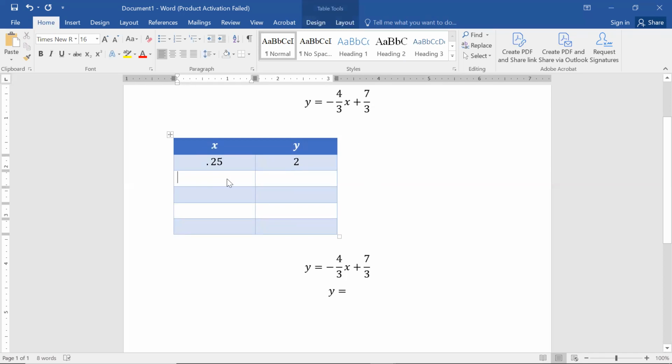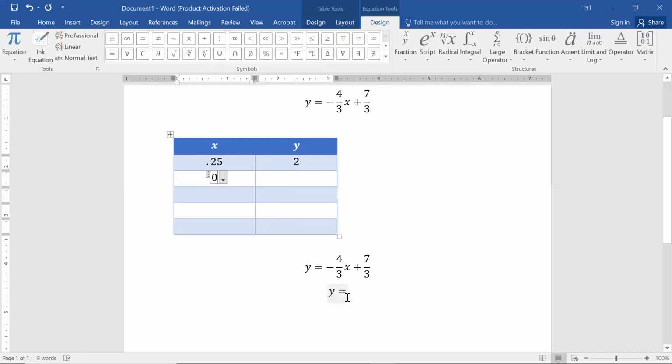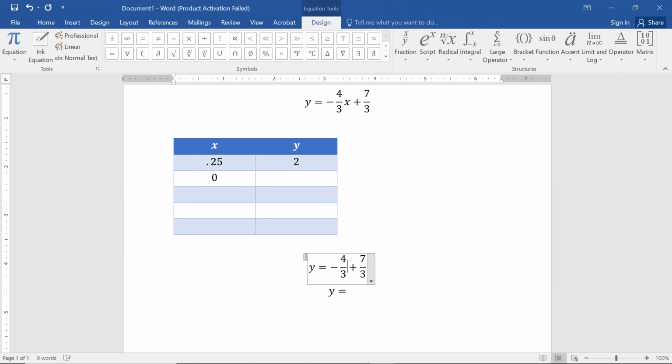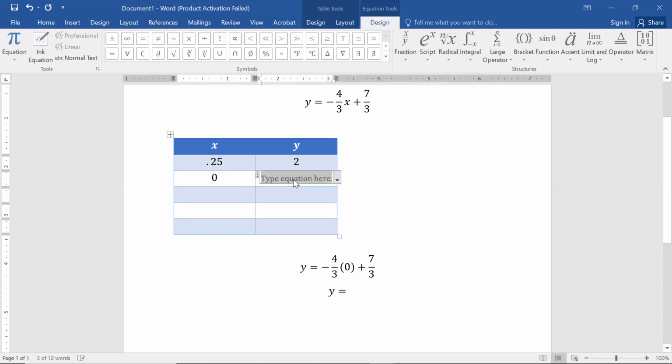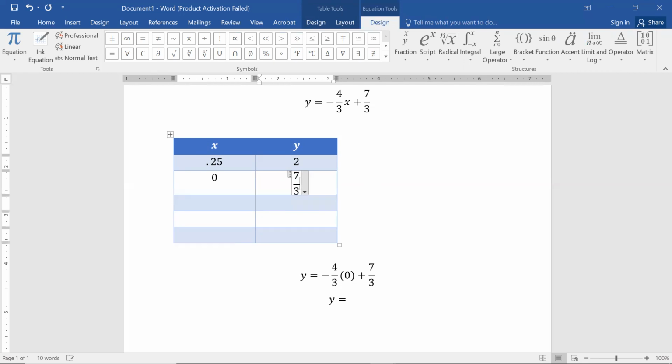If we plugged in a 0 for x, well, let's plug in a 0 for x and see what we get. Negative 4/3 times 0 plus 7/3 becomes 7/3, which is approximately 2.33.